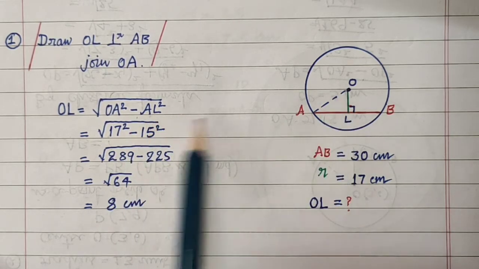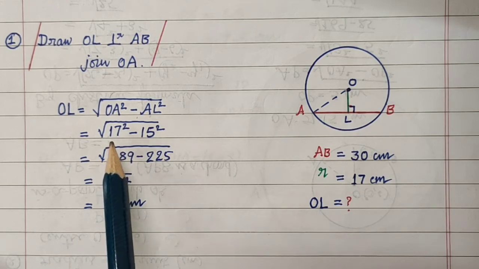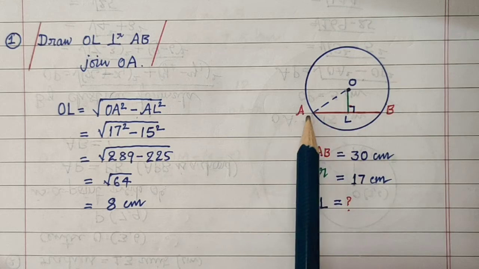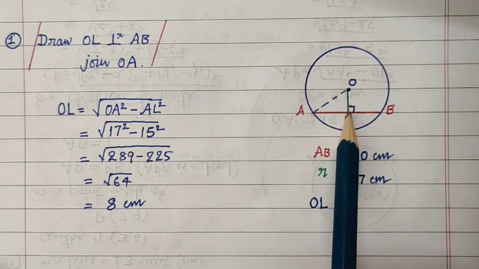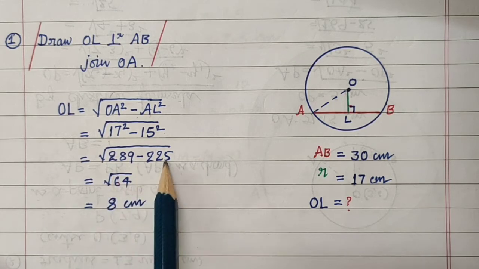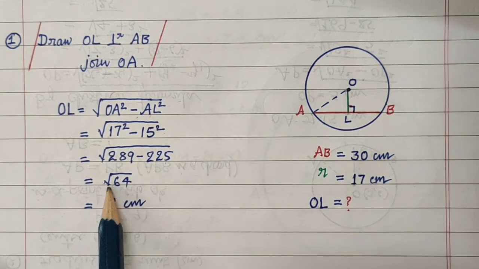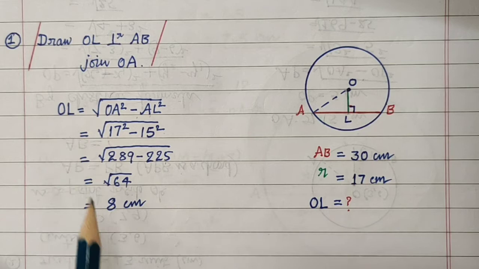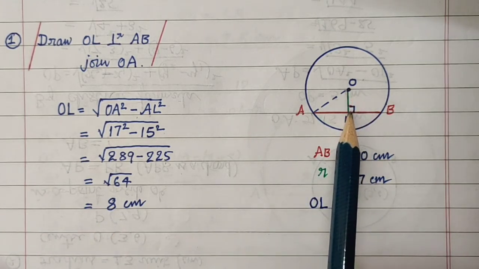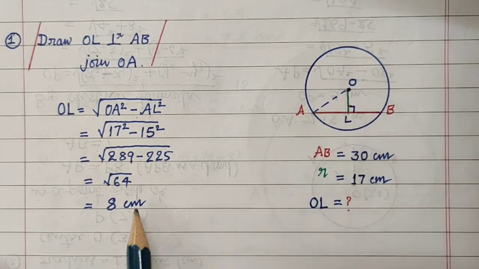OA is the radius, given as 17, and AL is half of AB. AB is 30, half of AB is 15, so it is square root of 17 square minus 15 square, that is square root of 64. OL is equal to 8 centimeters. The distance between the center and the chord is 8 centimeters.